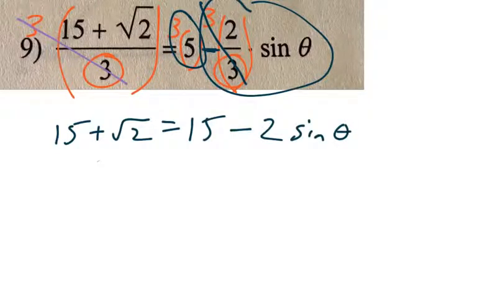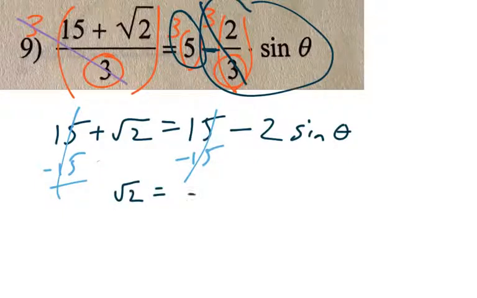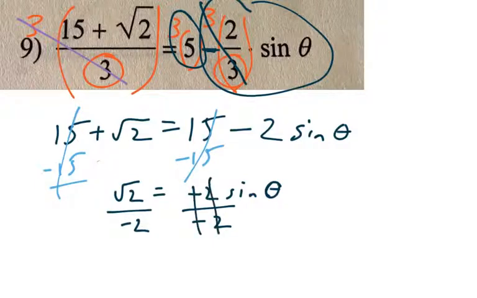Now what? Well, notice, guys, what happens if we just simply minus 15 both sides? Oops, those are gone. So now I have square root of 2 equal to negative 2 sine of theta. And all I have to do now is divide by negative square root of 2.